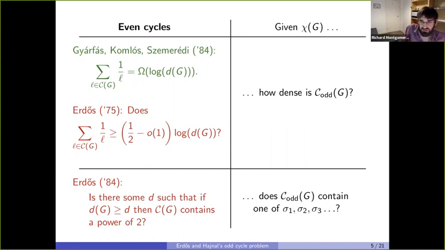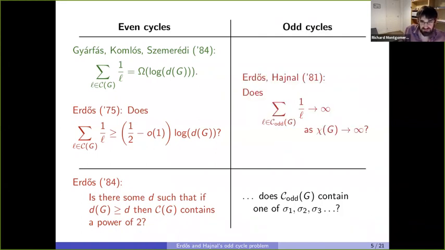And now in the right quadrants, as I go through these quadrants, we know less and less. So in the upper right quadrant now, what about the odd cycles and this density function? Erdős and Hajnal asked in the 80s, the problem is the title of this talk: if I just restrict the sum to the odd numbers in the cycle space, does the sum of reciprocals diverge as the chromatic number of G gets large?